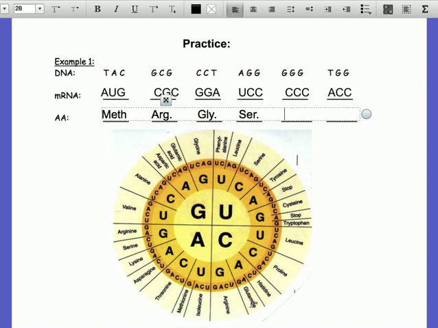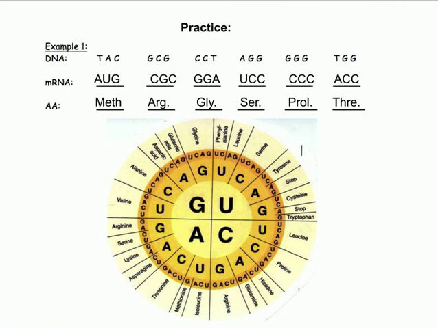CCC gives us proline. And ACC gives us threonine. And now you have translated the mRNA molecule to get the sequence of amino acids, which will build the protein.